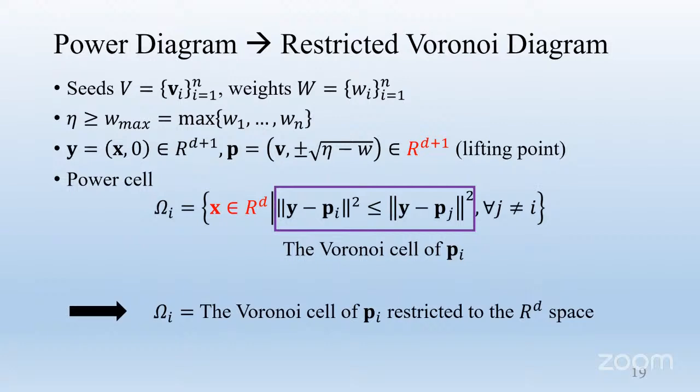Now it is very clear the distance is actually the squared Euclidean distance, which means omega i is the Voronoi cell of the lifting point pi. Please note, because the domain is restricted in the R^d space, the power cell omega i can be viewed as the restricted Voronoi cell of pi.